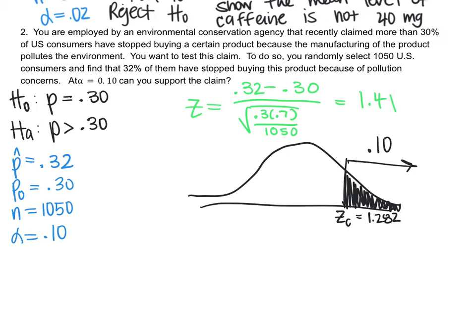So 1.41 is greater than 1.282, which means it is in our critical region, which means we reject our null hypothesis.